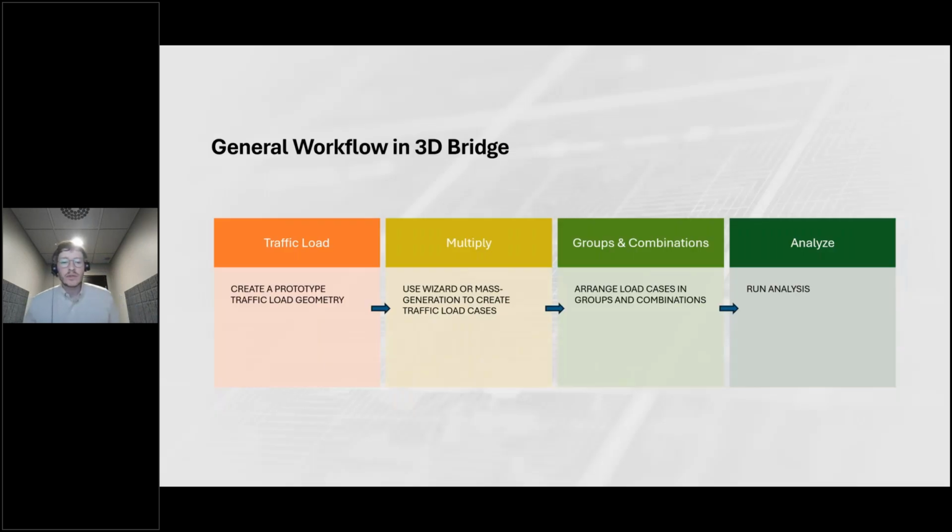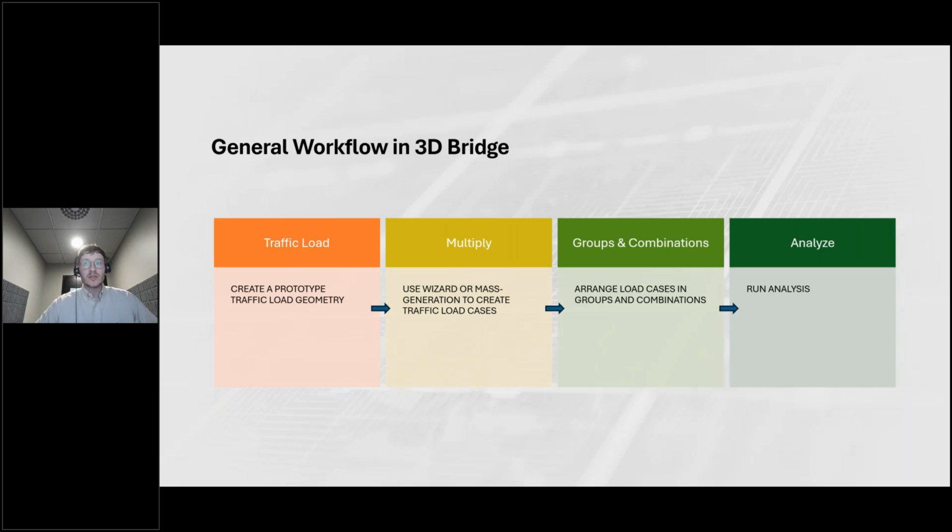And then I wanted to give a brief description of the workflow that I would recommend in 3D Bridge, because it can be a bit tricky in the beginning. I will show you this more later on, but you want to start by creating a prototype traffic load geometry. It's actually not important which specific traffic load you use.